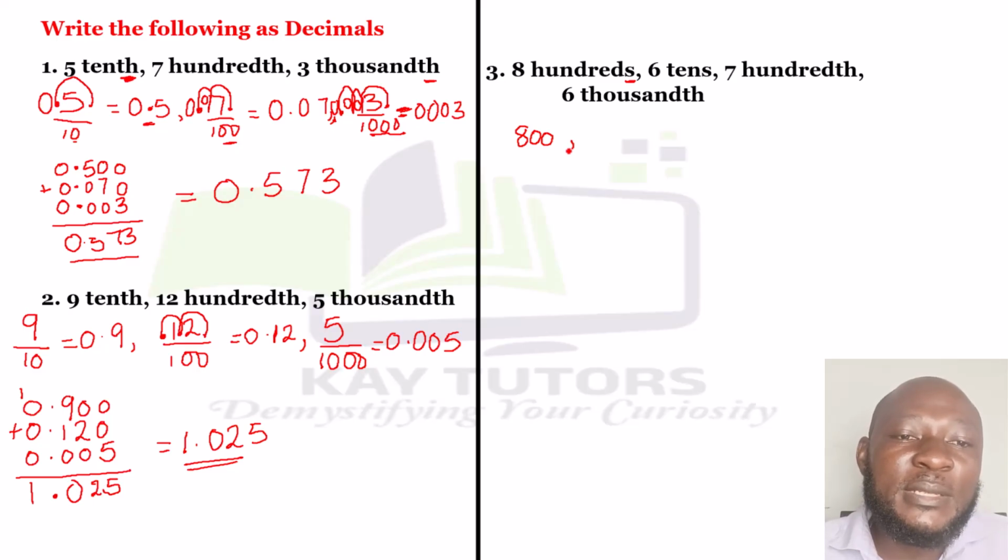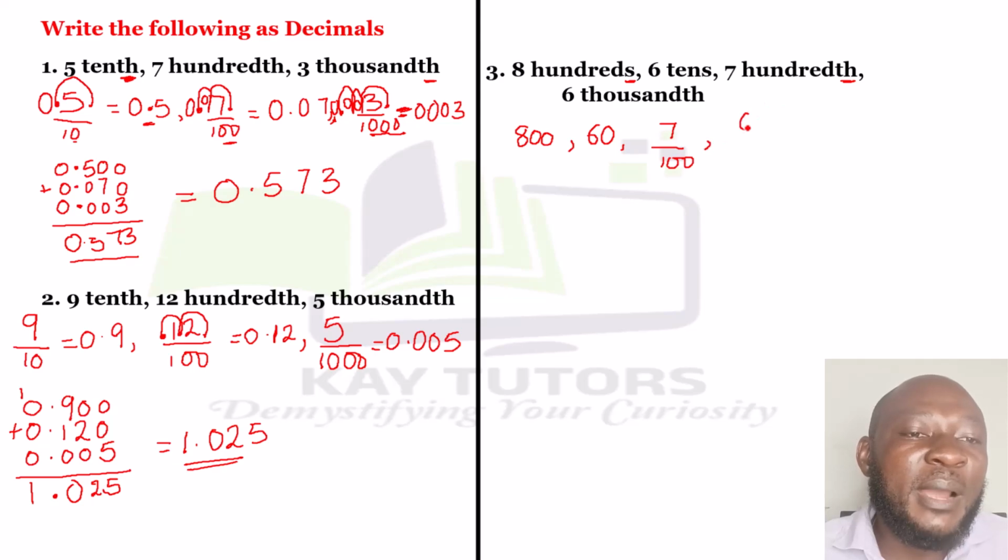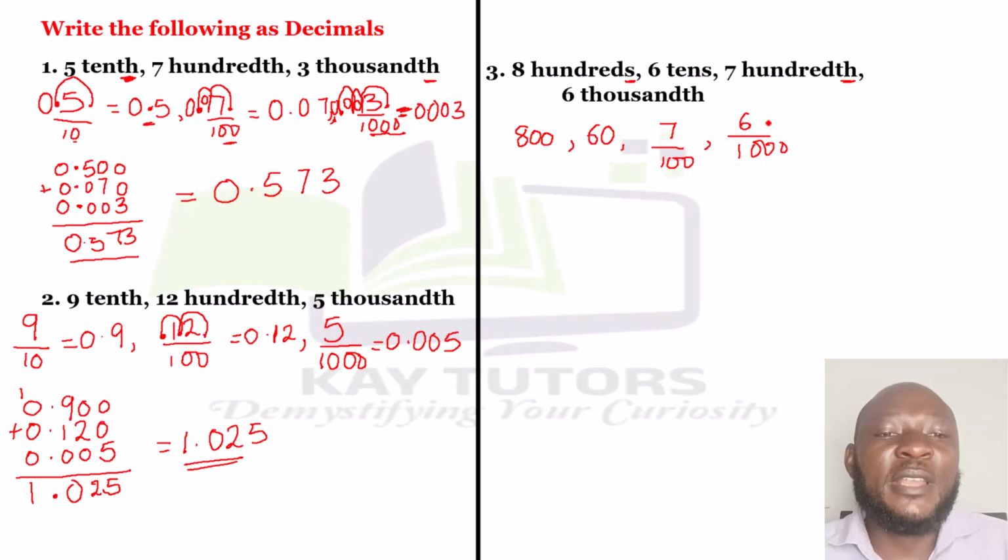Now, the next one is 6 tens. Here, we are just multiplying by 10 to give you 60. Now, here comes the decimal part. This is 7 all over 100. Why am I dividing by 100? Because I have my th suffix here. And finally, 6 divided by 1000 because I have my th suffix there again.